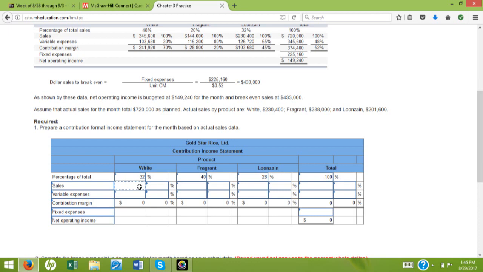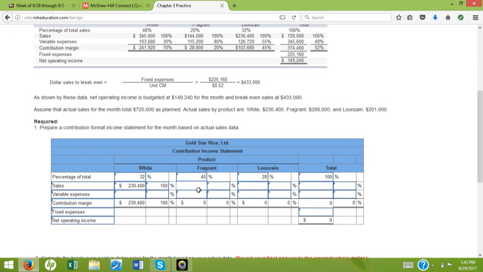So we're going to multiply the $720,000 times the 32%, which is the amount of sales that the white rice makes up, and that's $230,400. That's 100% of our sales, so fill in that box.